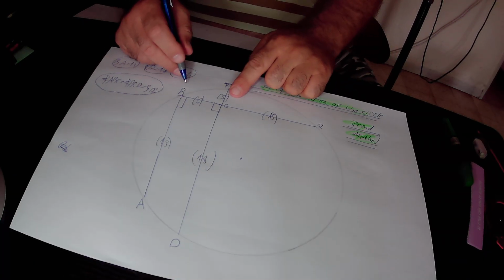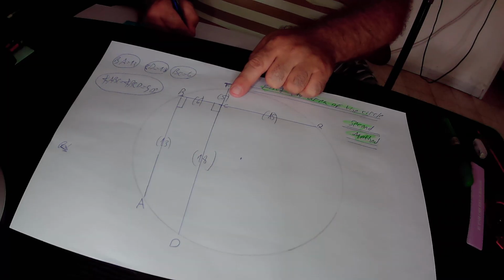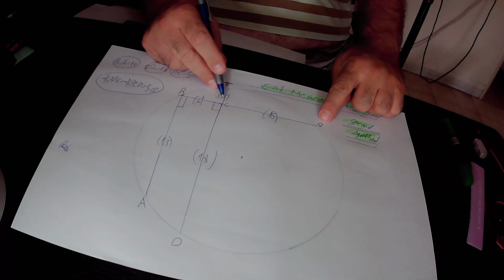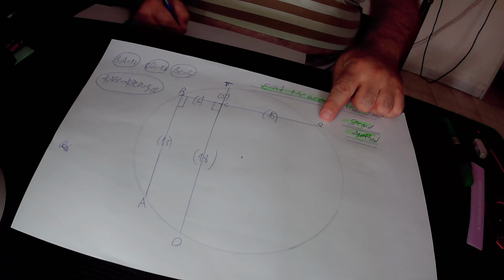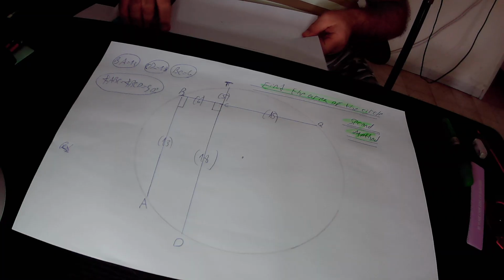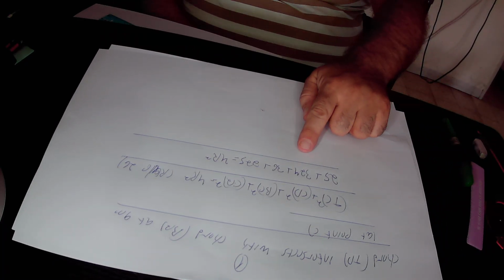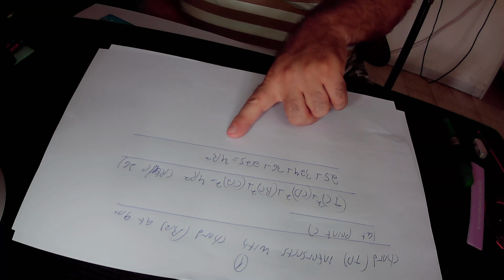BC is 6, therefore BC squared is 36, plus CQ squared. CQ is 15, therefore CQ squared is 225, and it is equal to 4r squared. So according to rule 26, 25 plus 324 plus 36 plus 225 equals 4r squared.